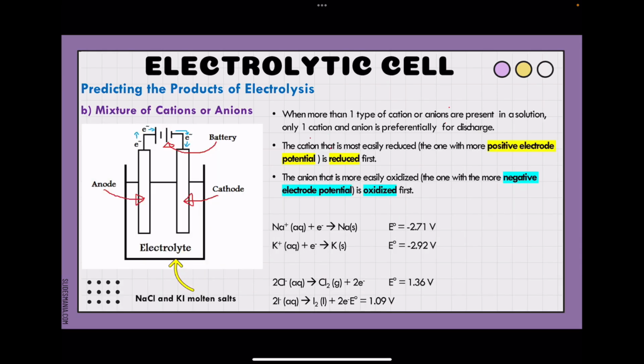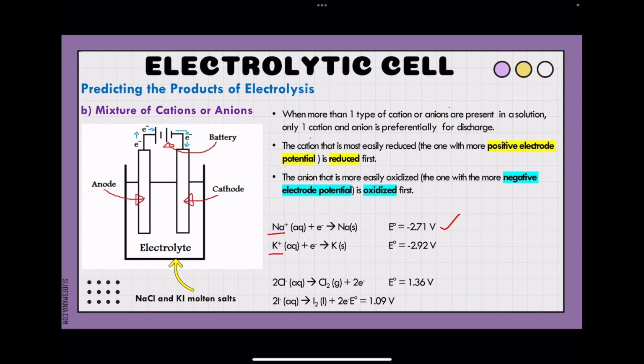Let's say we have a mixture of cations or anions. How do we predict the products of the electrolysis? When more than one type of cation or anion is present, only one cation and one anion will be preferentially discharged. The cation that has the more positive electrode potential is reduced first. For example, between sodium and potassium ions, sodium is reduced more easily because its potential is less negative.